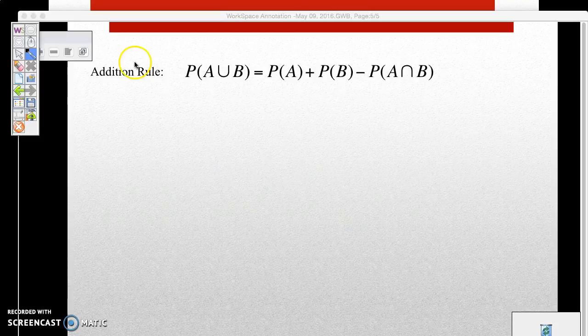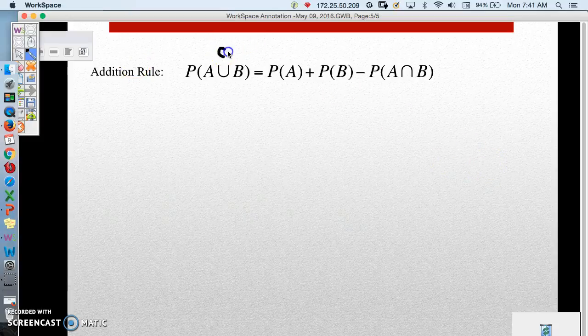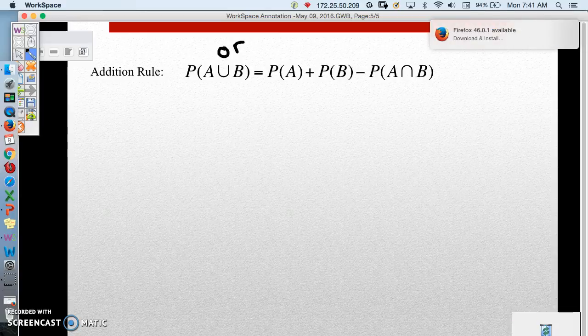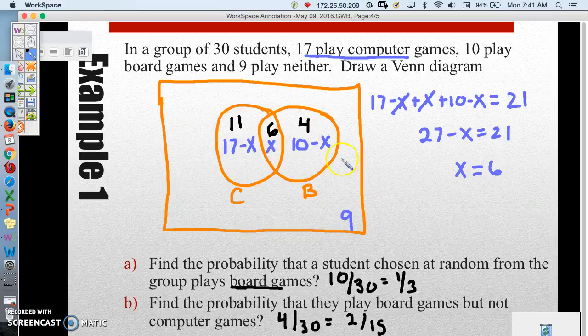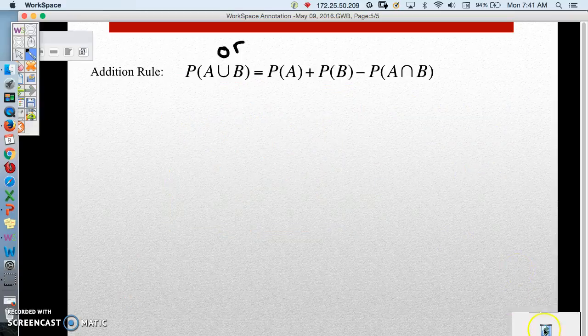This next one here, this union, this or, there's a couple different ways of looking at it. In this example, how many play computer games or board games, we'd have 21 out of 30.